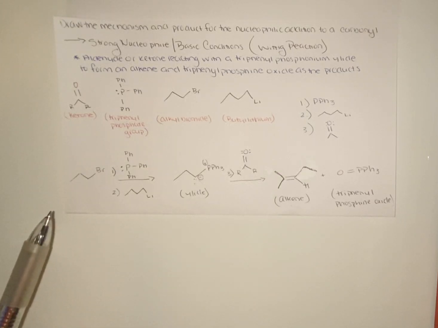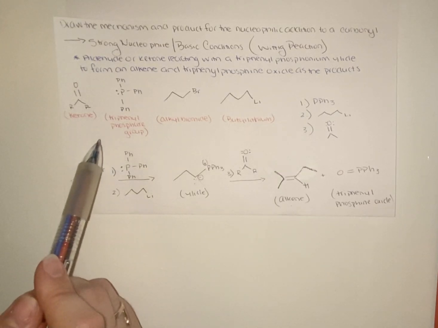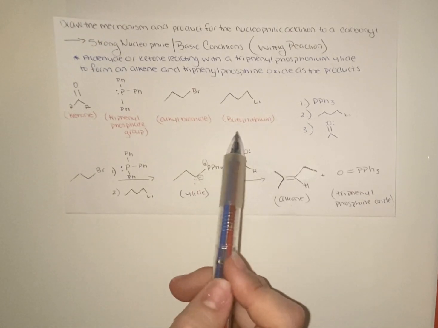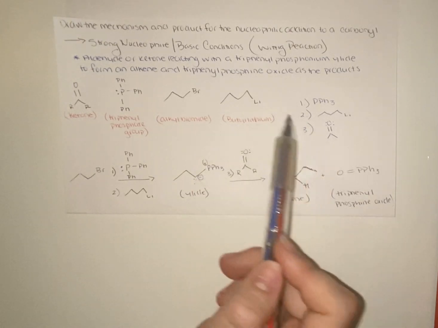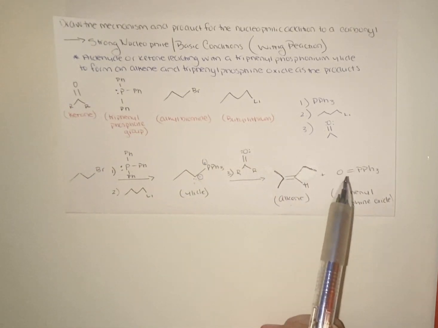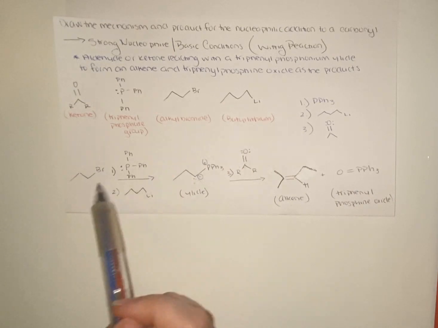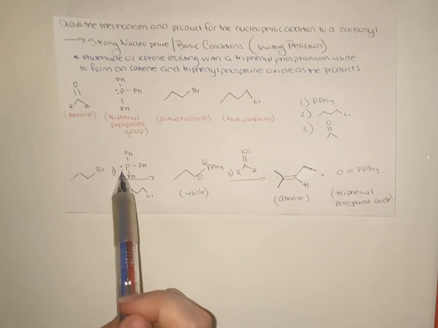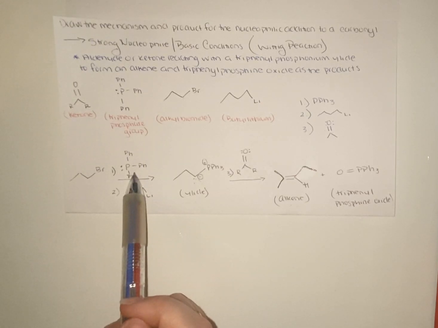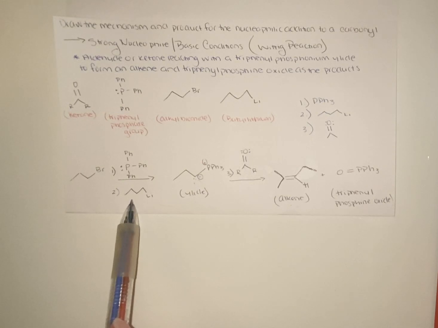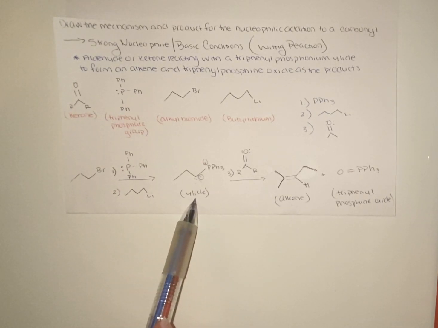In this reaction, you have a ketone, triphenyl phosphate group, alkyl bromide, and butyllithium, and they actually all react in order to form the products. So to begin, you start off with an alkyl bromide, and it first reacts with the triphenyl phosphate group, and then it reacts with the butyllithium after, like step 2, in order to receive the ylide.